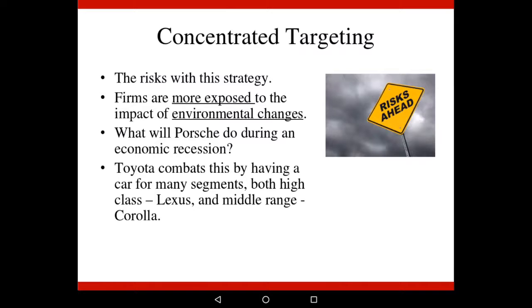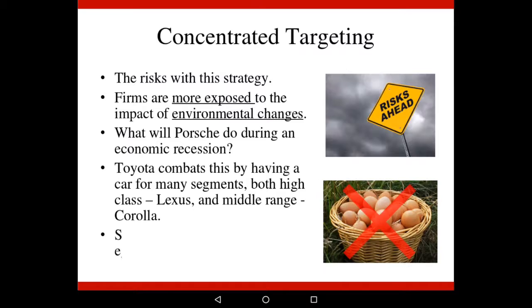They have a product for the high income segment, Lexus, but they also have cars for the middle income ranges like the Corolla. So if there is an economic recession and people can't buy the Lexus, maybe they are still selling cars like the Corolla, which people can still buy during those times. It's important that you don't put all your eggs in one basket, say some marketers.